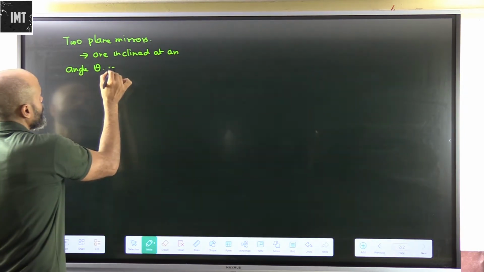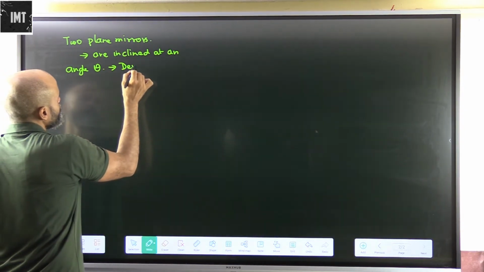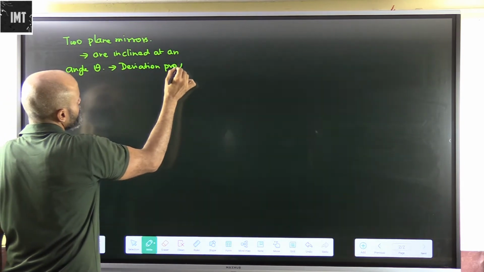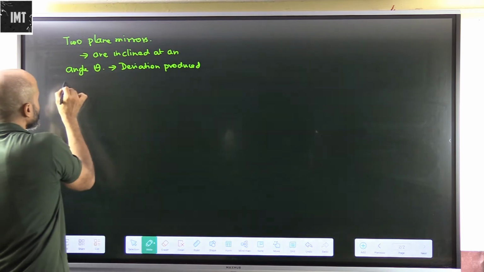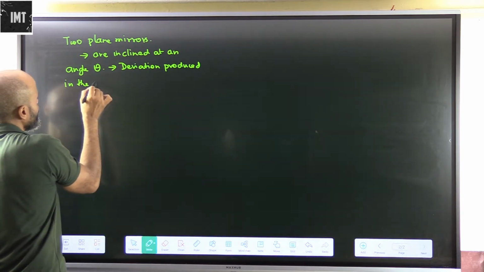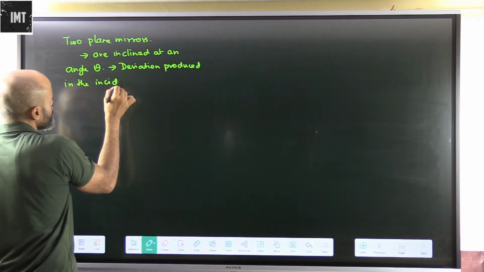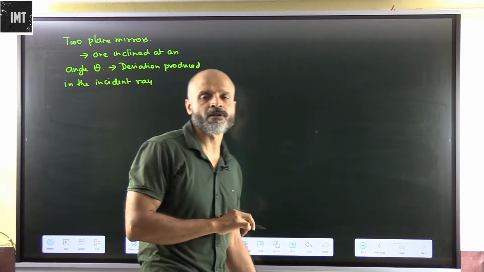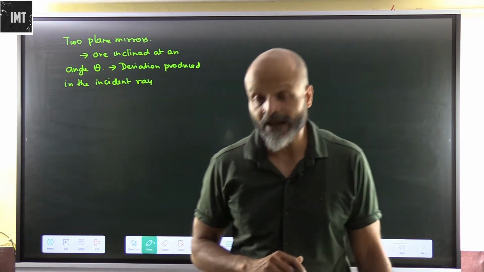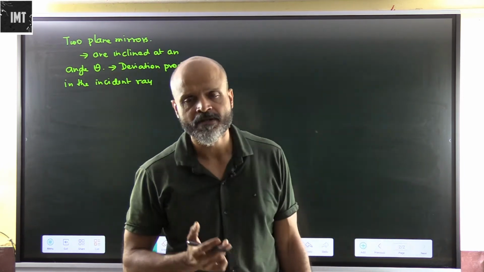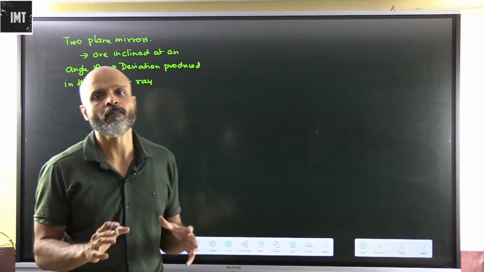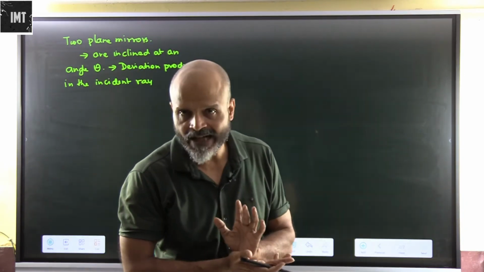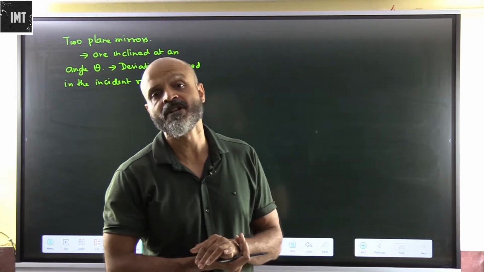What we have to find out is the deviation produced in the incident ray. Now, deviation is a concept which by and large is associated with prisms. But here we are talking about simple plane mirrors where there is a deviation produced. These mirrors are inclined at a certain angle and there is a certain amount of deviation that is produced.